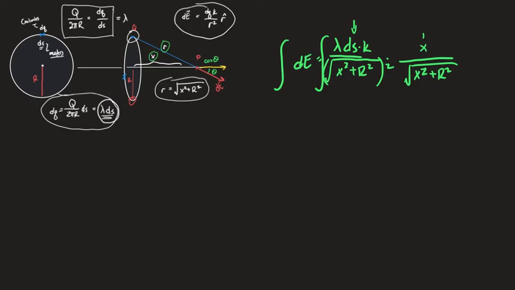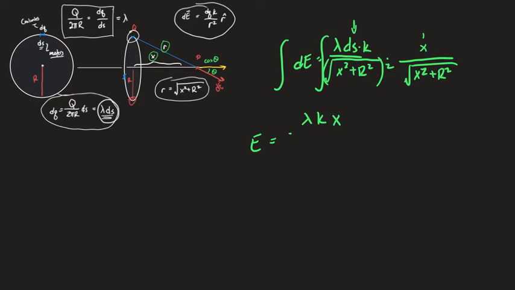The reason that's important is when I decide I want to add up over the whole ring, the left side is just electric field. But the right side, I can take anything that is constant, that's not changing with regards to the piece of ring I'm looking at, and pull it outside the integral. So that means lambda comes out, and k comes out, and the x comes out. None of those have anything to do with which piece of ring I'm looking at.